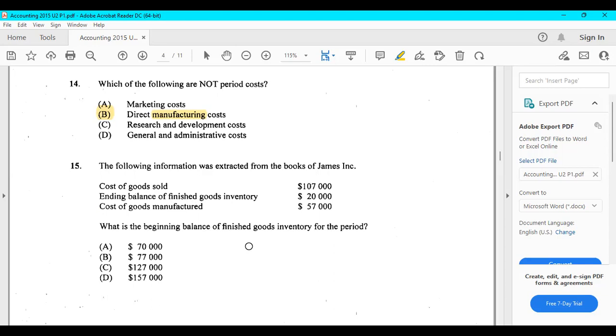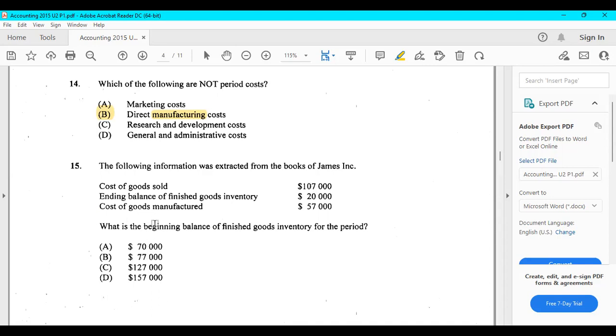Then subtract your ending finished goods inventory, and that's how you get your cost of goods sold. It's similar to what we did at the top, but that was for direct materials, raw materials inventory. So they're asking us to find the beginning balance.